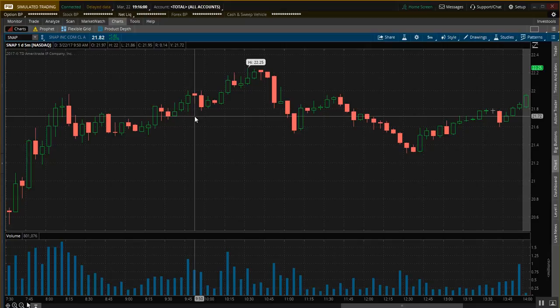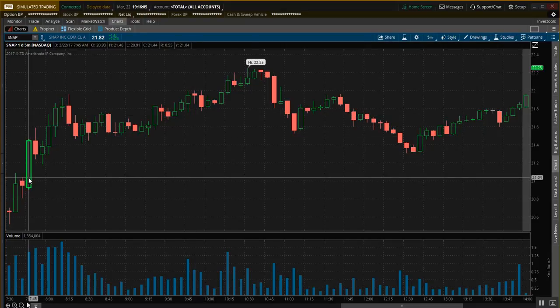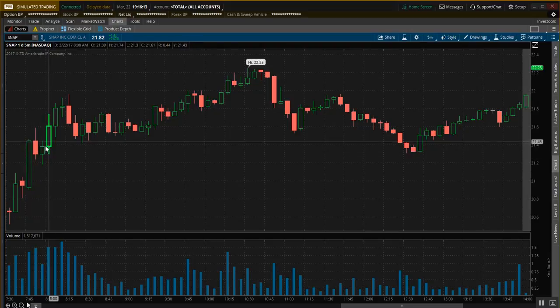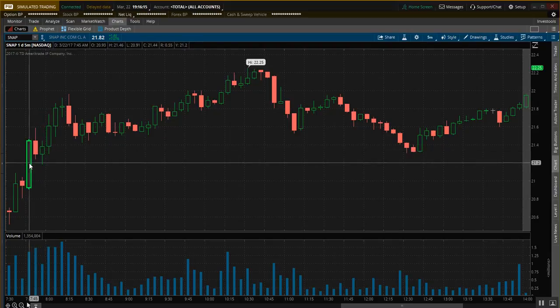So, for example, this candlestick right here is a 5-minute chart, by the way. So each one of these bars represents a 5-minute time frame. This candlestick represents, at the beginning of the 5-minute time frame, it started at about $20.92.